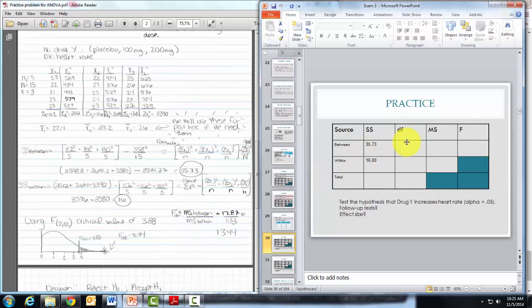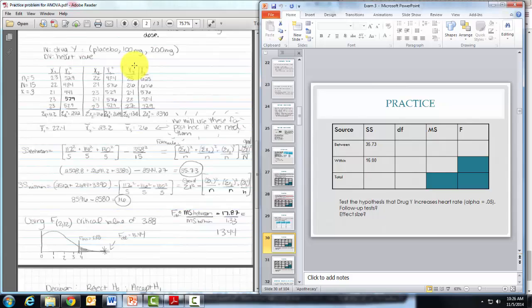Now let's go ahead and fill in our degrees of freedom for between, within, and total. To do that, we know that our degrees of freedom between is k minus 1, which is the number of groups minus 1. For this particular problem, we have three groups. We have placebo, we have 100 milligram, and we have 200 milligram.